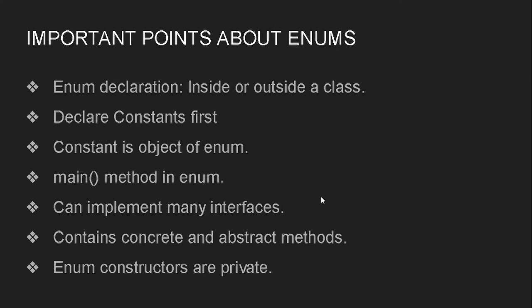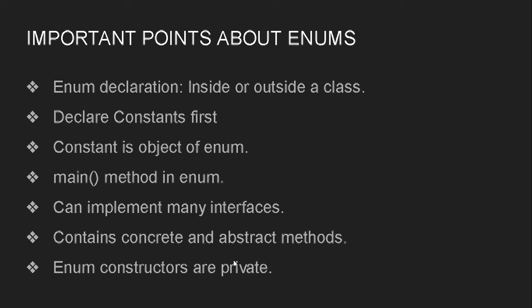We cannot declare an enum as abstract. However, we should always declare a class as abstract if we want to define an abstract method. So there are certain differences for declaring an abstract method, and we will look into all these when I use the IDE. Another thing you need to keep in mind is that enum constructors are private.